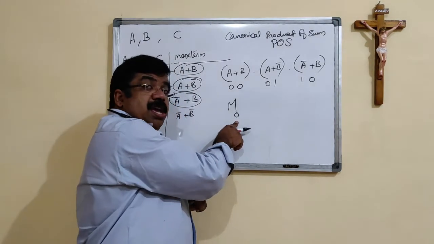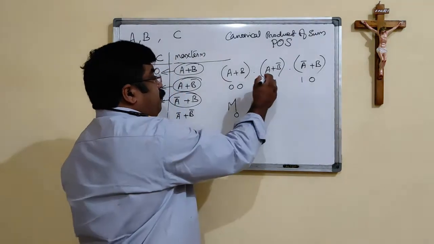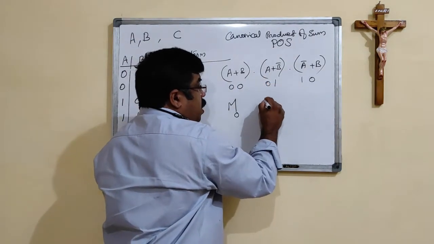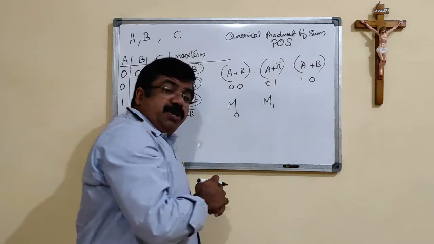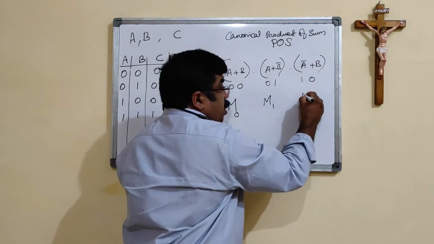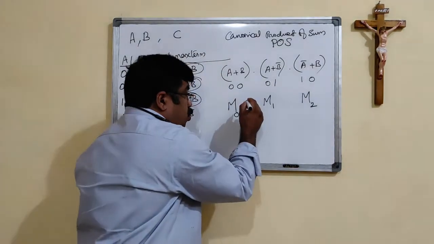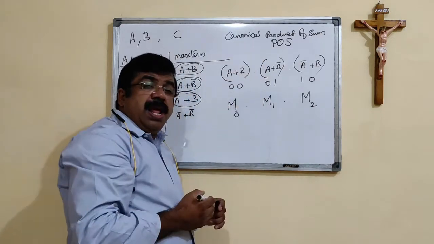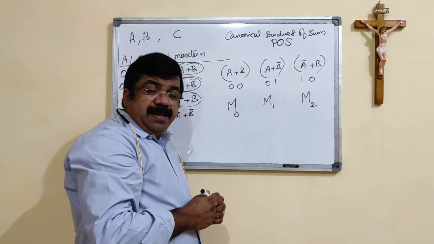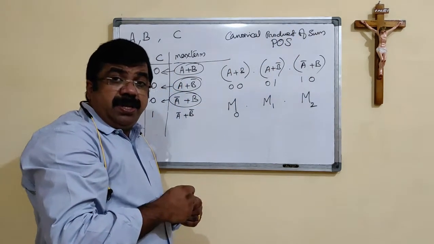So capital M with the subscript 0 showing that it is max term. This is 1. Capital M with a subscript 1. And this is representing decimal equivalent of 2, capital M with a subscript 2. So they are all multiplied. Okay, so this is the canonical product of sums.